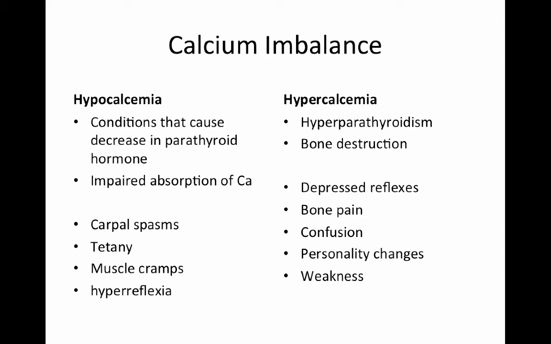When you have an overactive parathyroid gland, more parathyroid hormone is produced, which causes an increase in calcium because it's telling our bones to let go of more calcium. That causes our bones to become soft, and it causes bone destruction as the bones release calcium into the bloodstream, right?